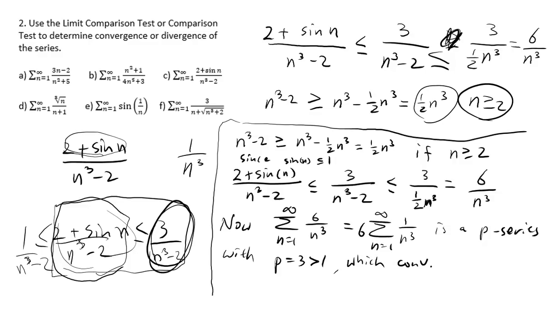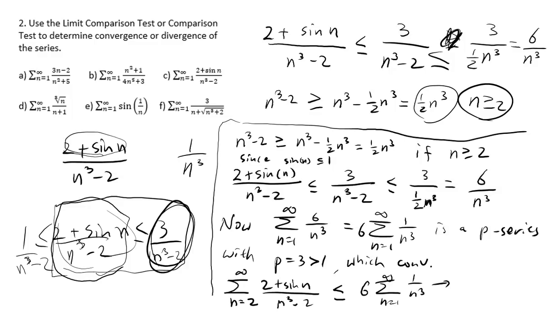Okay, and then this is true for n equals 2 and after, so the sum over n from 2 to infinity of (2 plus sine n) over (n cubed minus 2) is now less than or equal to 6 times the sum over n from 1 through infinity of 1 over n cubed.